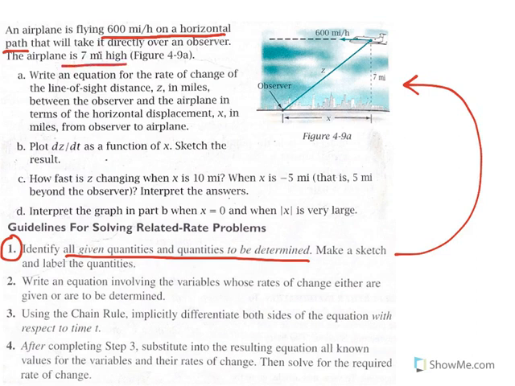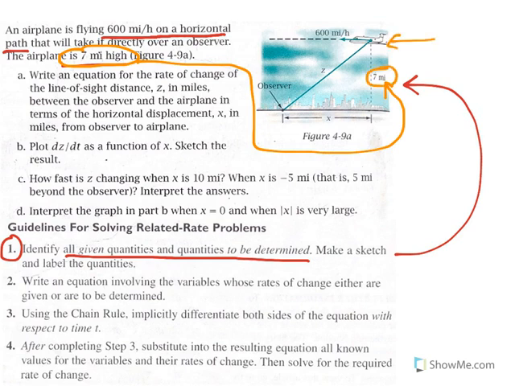So that's the altitude of the plane. And you can see that some of this information is already represented in the diagram. So the airplane is 7 miles high. It is consistently 7 miles above the ground. So that's already represented in our diagram.